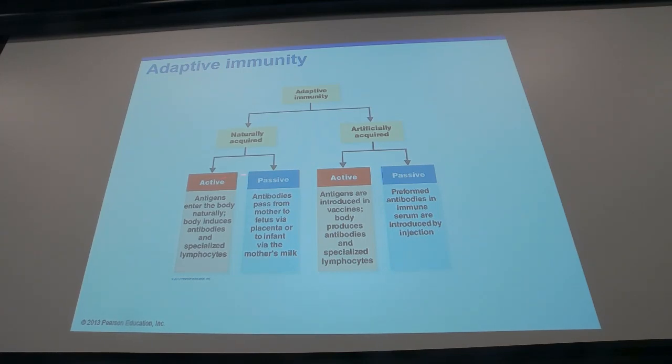So in the case of naturally acquired, we have active immunity when someone has antigens entering into their body, and then the person starts developing antibodies and a specialized type of lymphocytes for this response. And then the naturally acquired passive is, for instance, when we're born, we all have received a source of antibodies from our mom. And these antibodies are IgG.